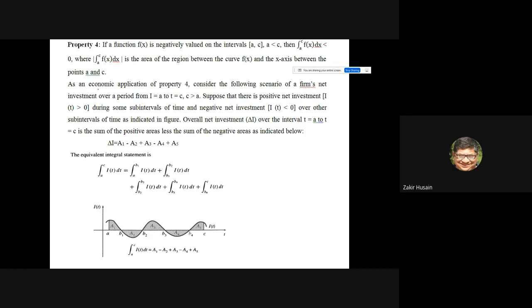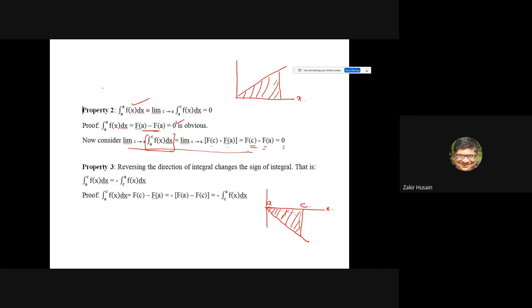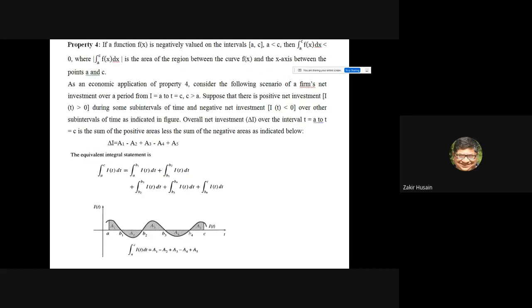Now, as an economic application of this property, we consider the case of a firm and how it invests from a period A to C. Suppose there's positive net investment during some sub-intervals and negative net investment in others. Negative net investment means we have depreciation that is not covered by investment.